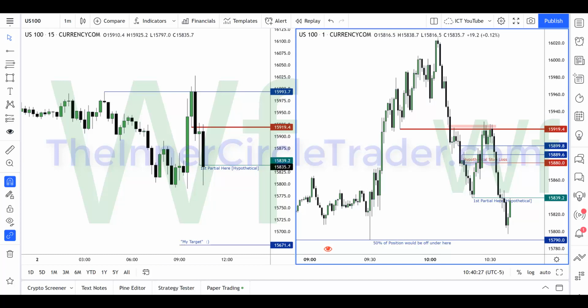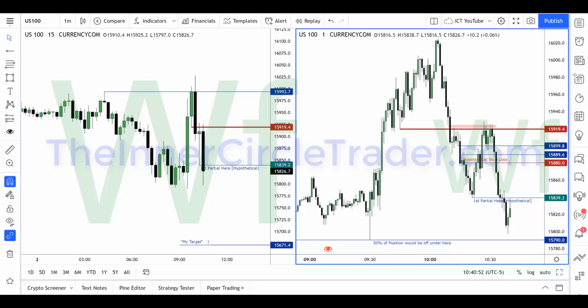All right, having a little bit of a retracement in here. So I've moved my stop, and I probably should maximize this chart. Getting a little cluttered up here.